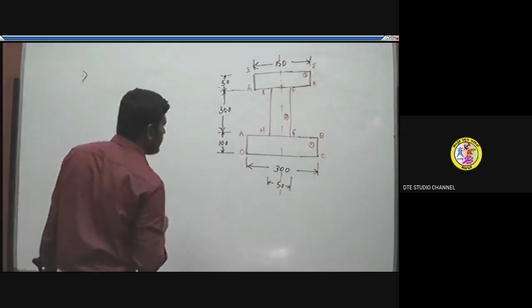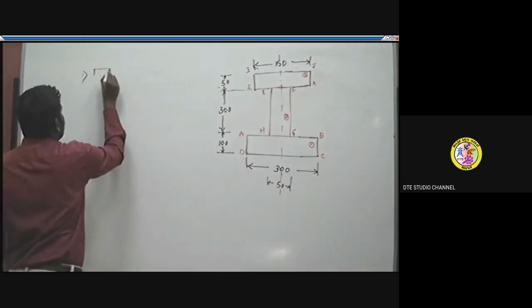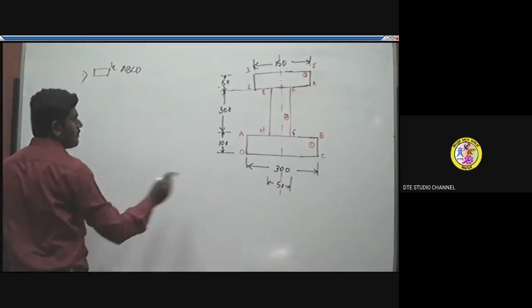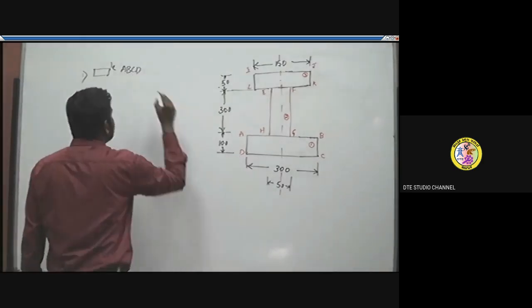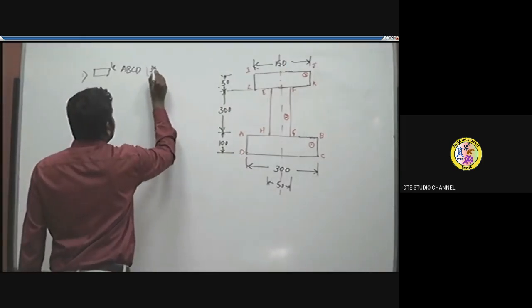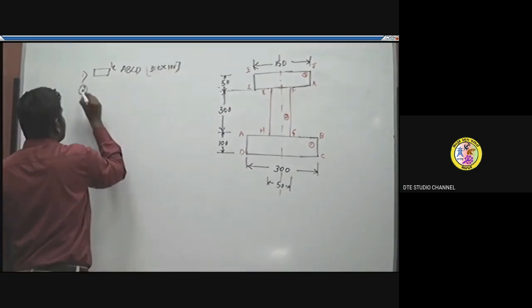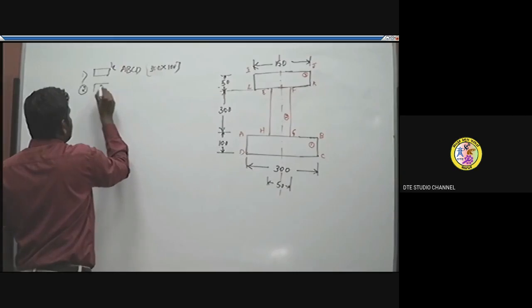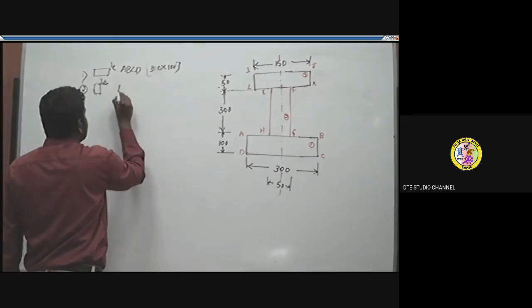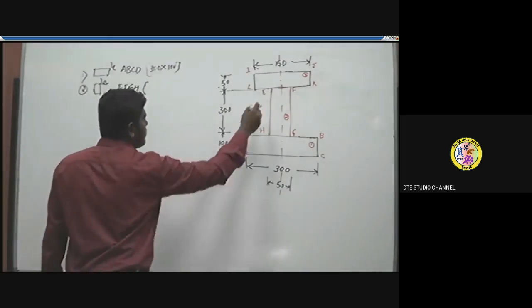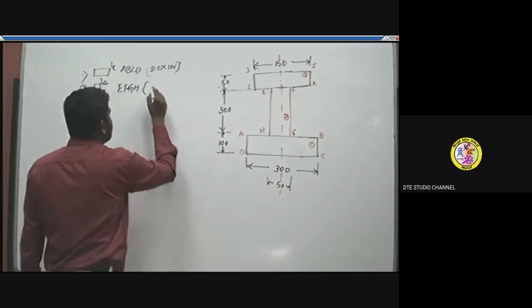The first rectangle is ABCD, with cross section 300 by 100. The second is the web, which is also a rectangle, the cross section EFGH, with dimensions 50 by 300.